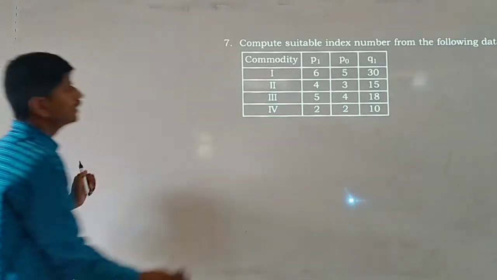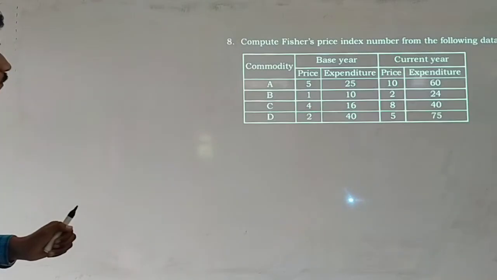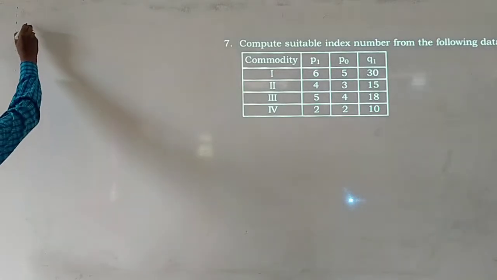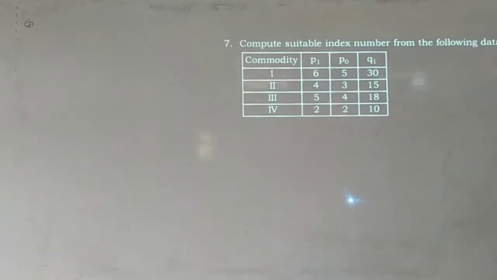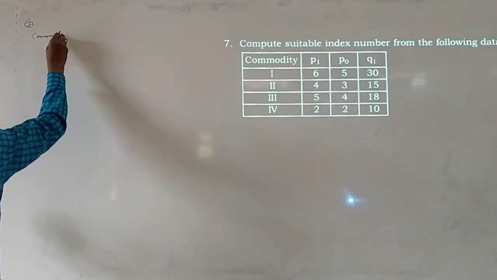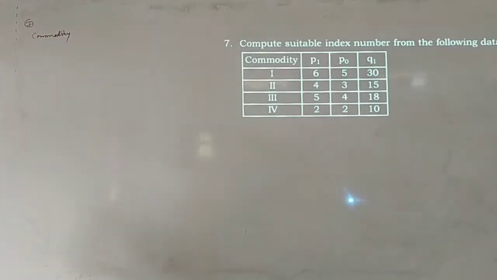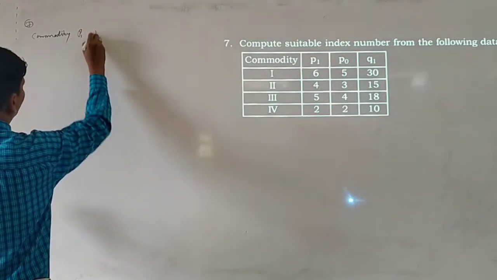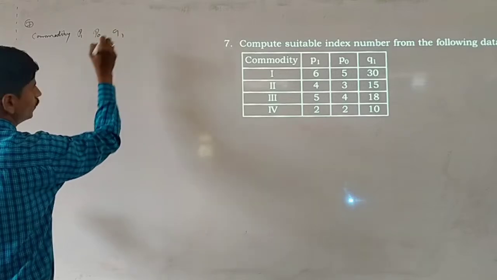Problem number 7. Compute a suitable index number from the following data. Okay, 7. See here, they are given commodities, P1, P0 and Q1 values.